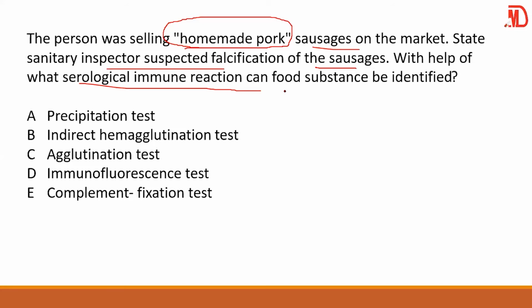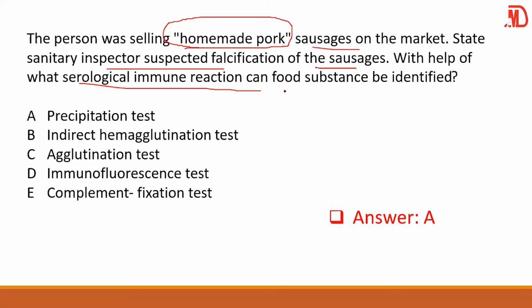If there's presence of immunoglobulins, it means infection is going on. That is what a precipitation test does, and this is specific for trichinosis. So your answer is A.